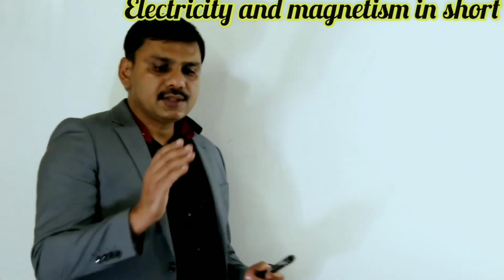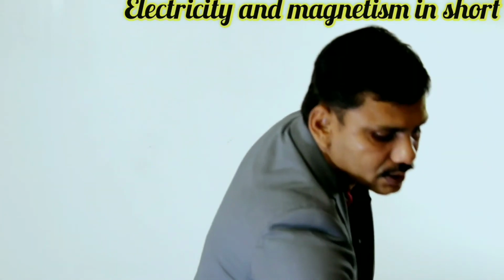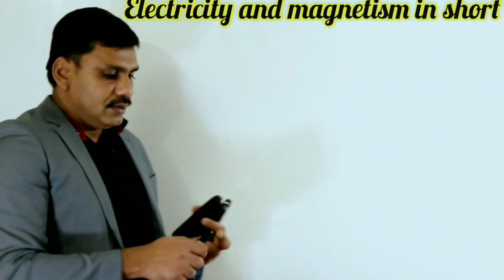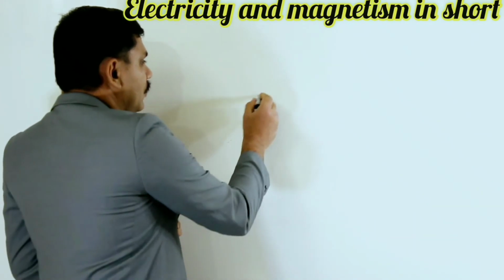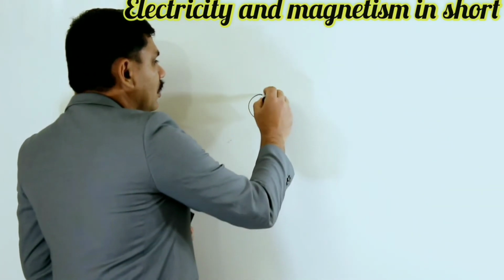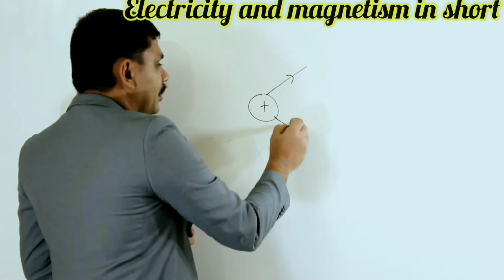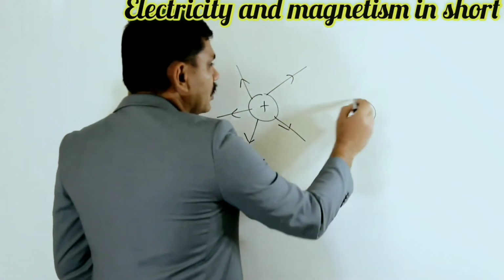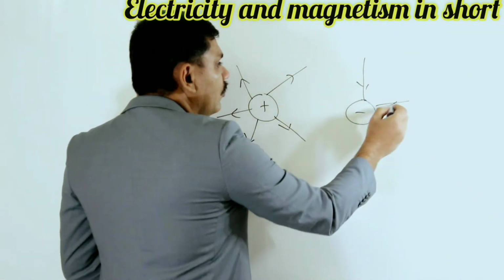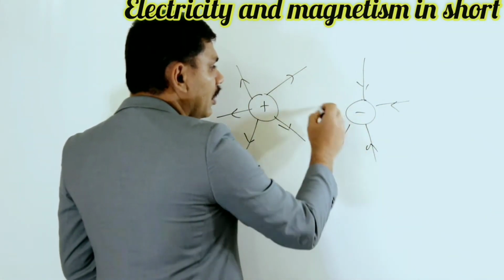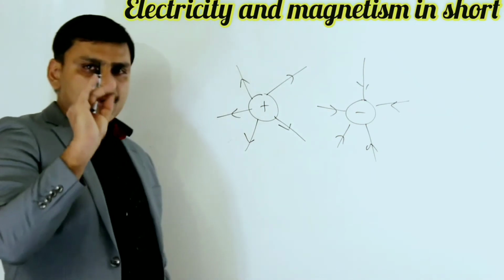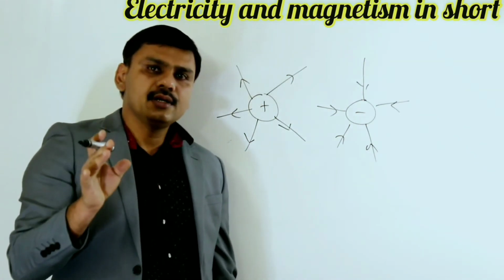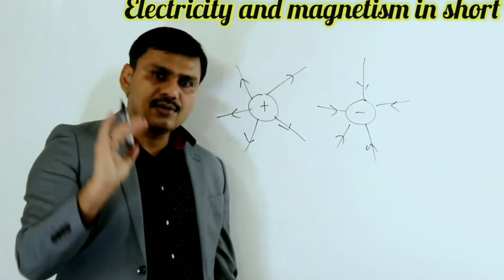So when you draw electric field lines, you must remember: if you consider positive charge, field lines are outward. If you consider negative charge, field lines are inward. Positive charge, field lines are outward. Negative charge, the field lines are inward.